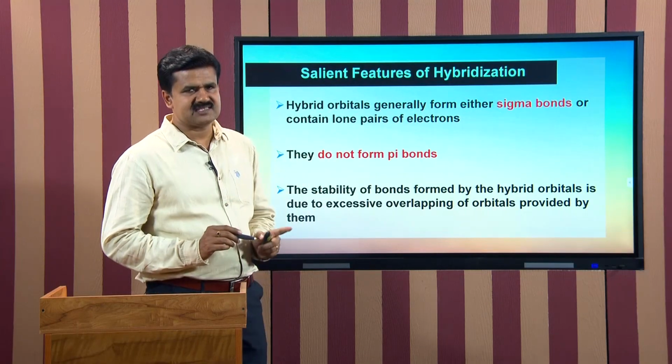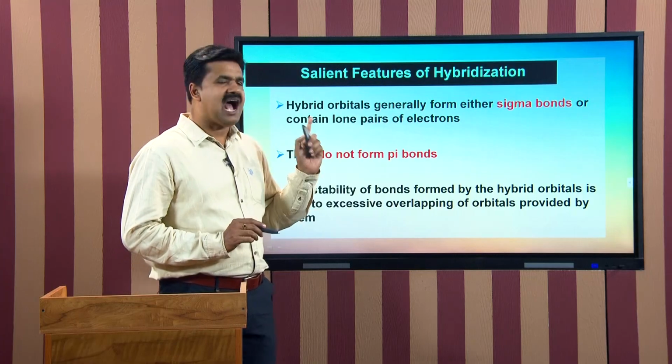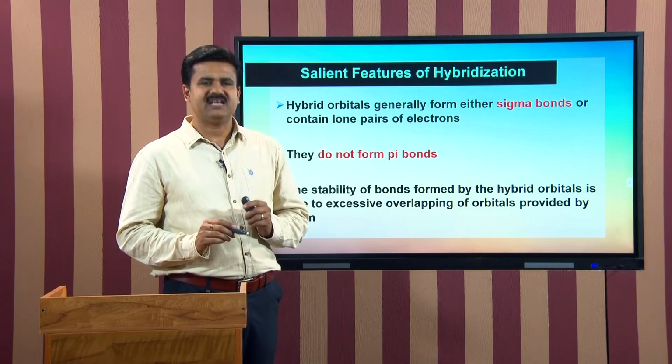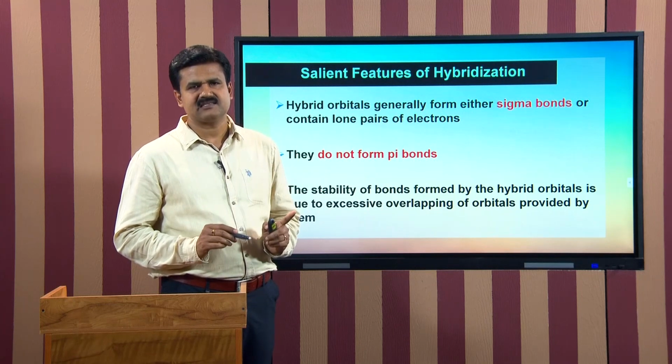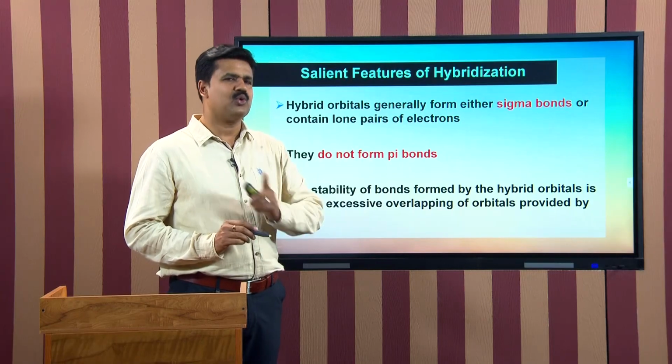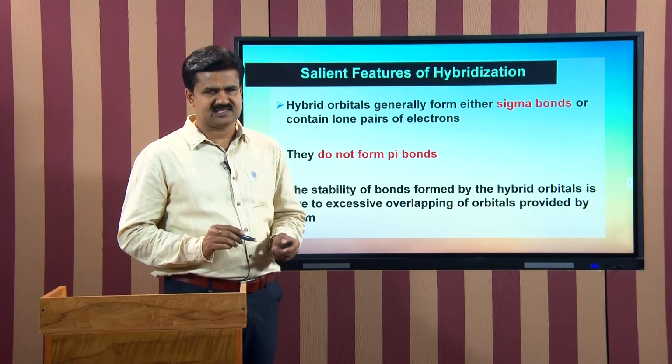Hybrid orbitals generally form either sigma bonds or contain lone pairs of electrons. This means hybrid orbitals do not form pi bonds.